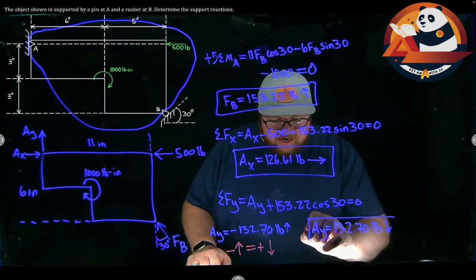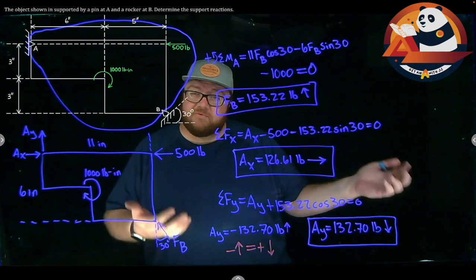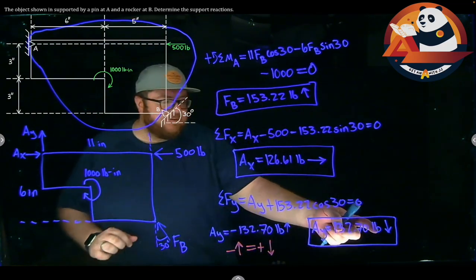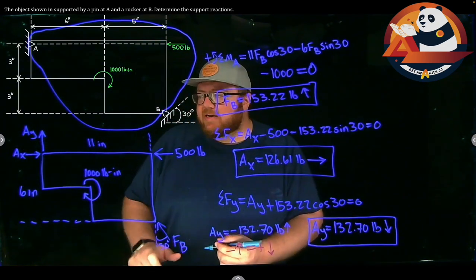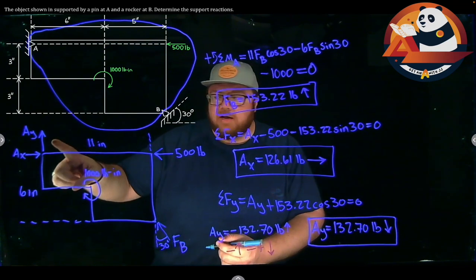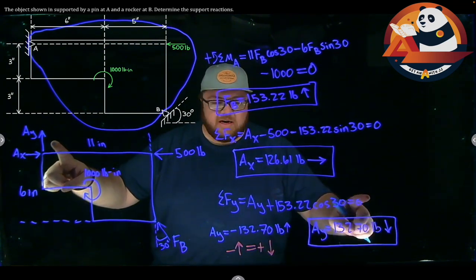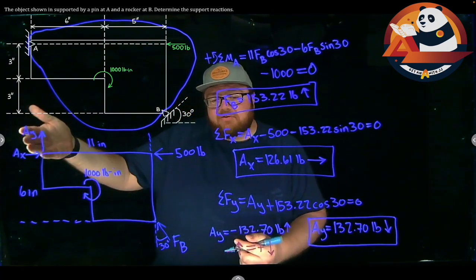The one other thing I would encourage you to do, because this will become more useful when we get to frames, machines, down the road, is if we realize we got the wrong direction assumed, let's come back to our free body diagram. We're not going to change that arrow because that upward arrow ties in exactly to our equilibrium equation. We're going to come in and do something to acknowledge the wrong direction here.